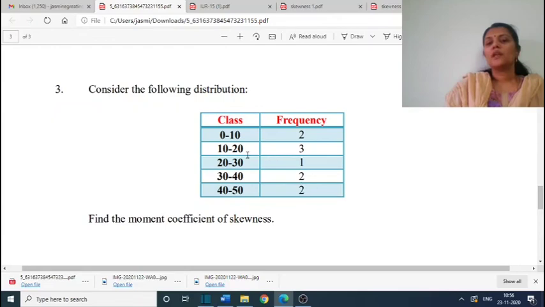Now you have to take the middle value, 25, as a, so you can find u. The next columns are fu square and fu cube, and find m1 dash, m2 dash, m3 dash. Next, using the formula, find m1, m2 and m3 and substitute in the expression for the moment coefficient of skewness.